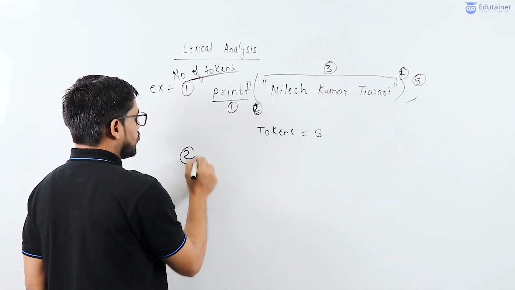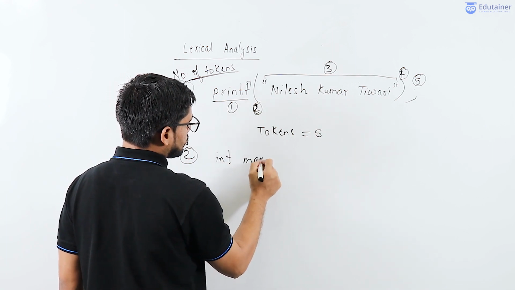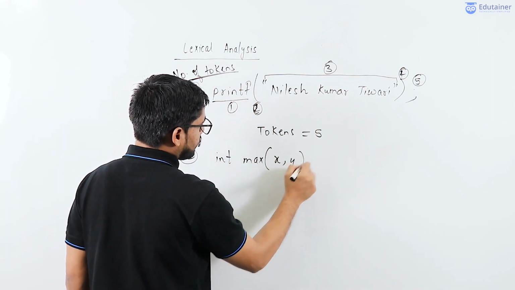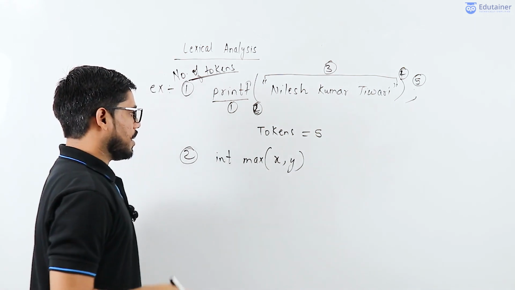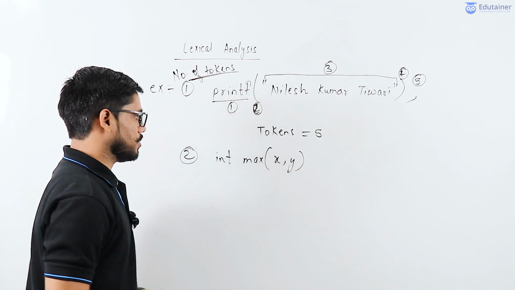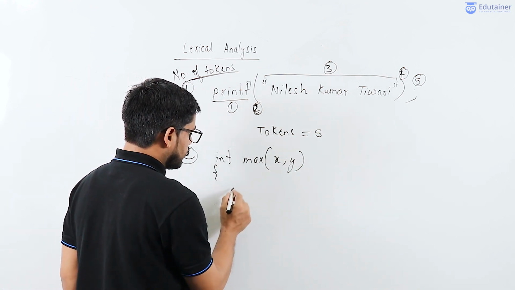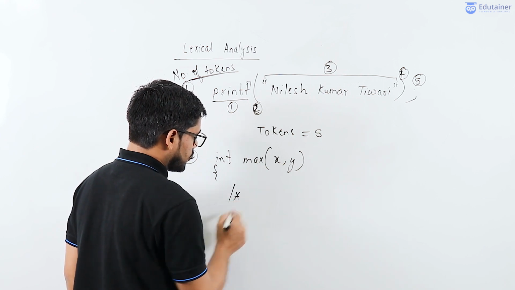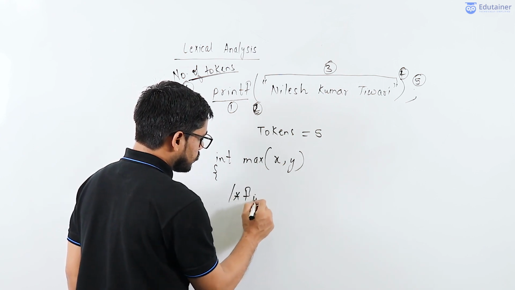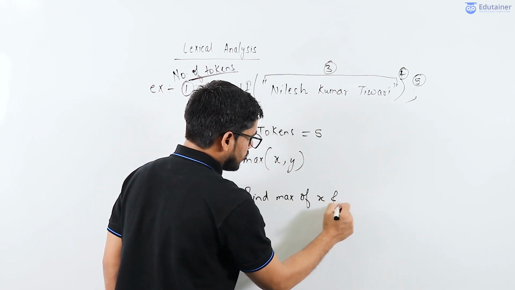Let's take another example. For example, int max(x, y). I have to write a function which finds the maximum between two numbers. So int max(x, y), and in this function I have used a comment: find max of x and y.